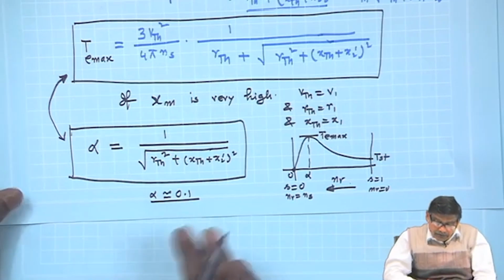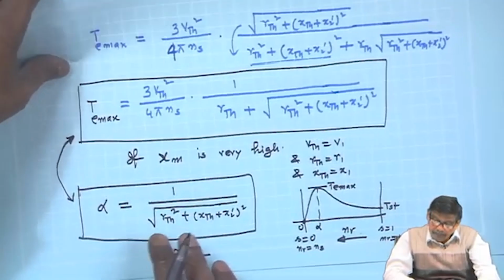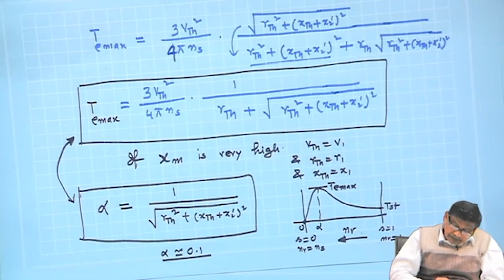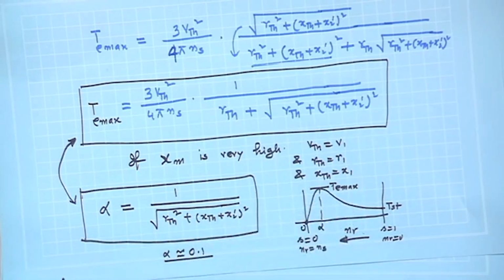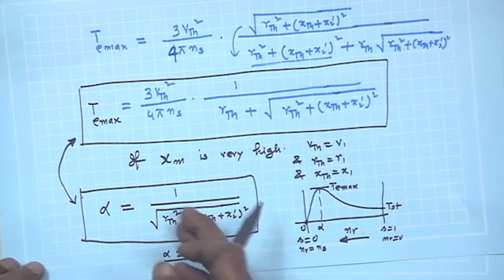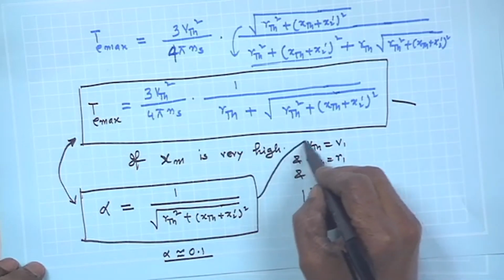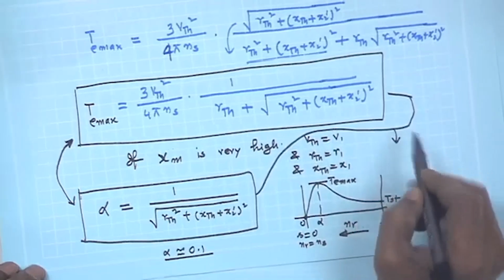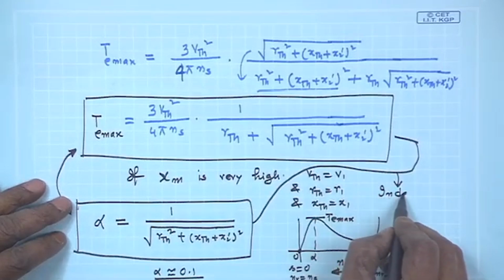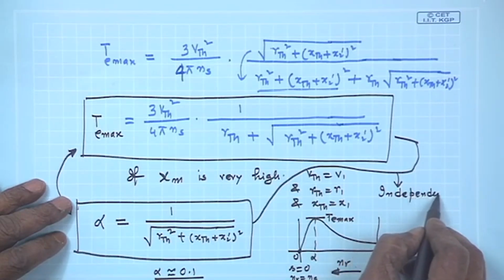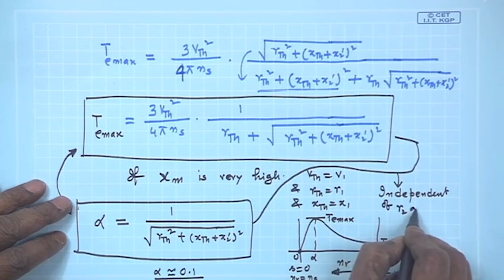Now, the important thing about torque slip characteristics is that you note that the value of the slip at which maximum torque occurs and the value of the maximum torque, these two quantities are independent of the value of R 2 or R 2 dashed.